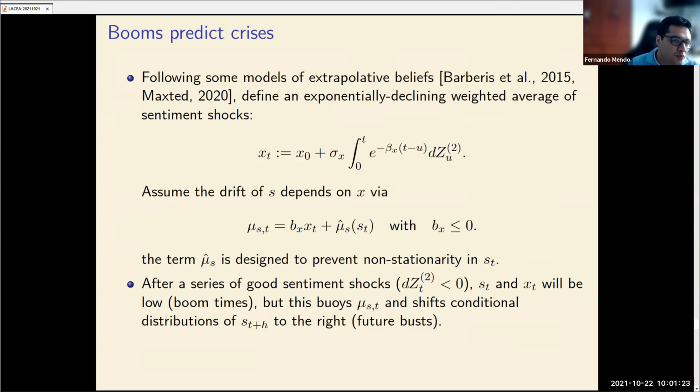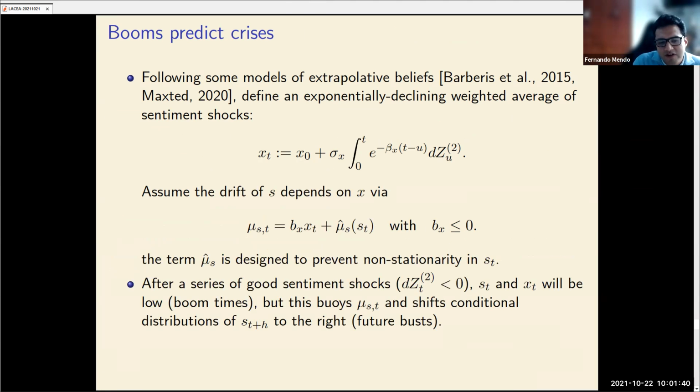Now for booms predicting crises, this is where we use our second state variable, in the spirit of models with extrapolative beliefs. We define X as the cumulative sum of the extrinsic shocks.